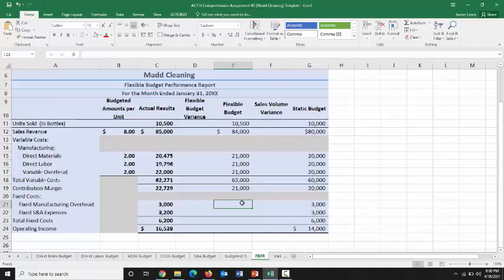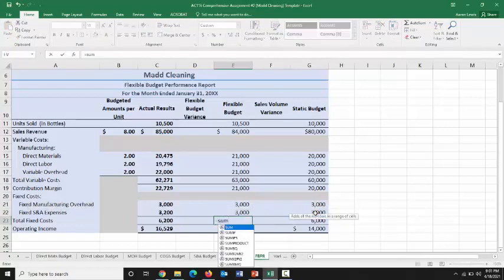We would have paid $3,000 in manufacturing overhead, our budgeted amount, regardless if we sold 1,000 bottles or 100,000 bottles. They don't change with volume. So for the fixed cost portion of your flex budget, it should have been the same thing that you budgeted for in the static budget, which means our fixed manufacturing overhead should have been $3,000, and our fixed S&A expenses should have also been $3,000.